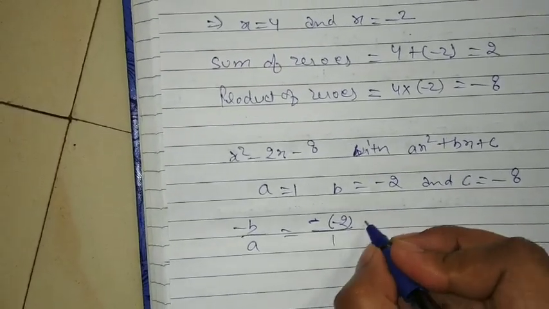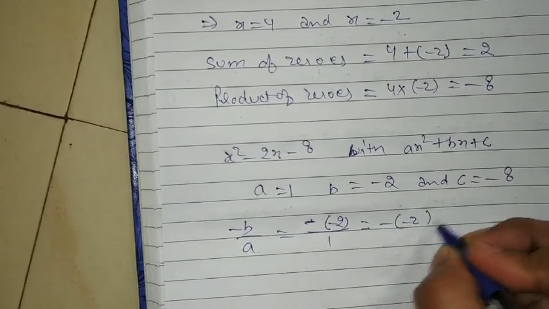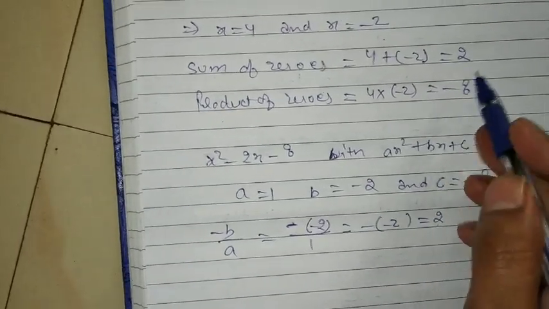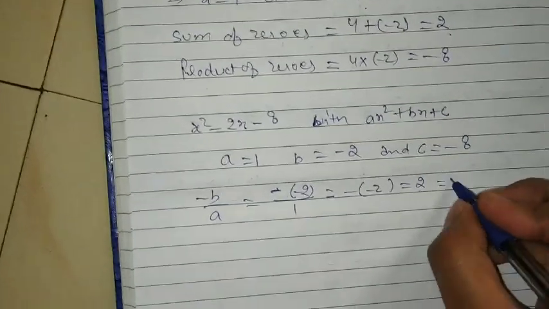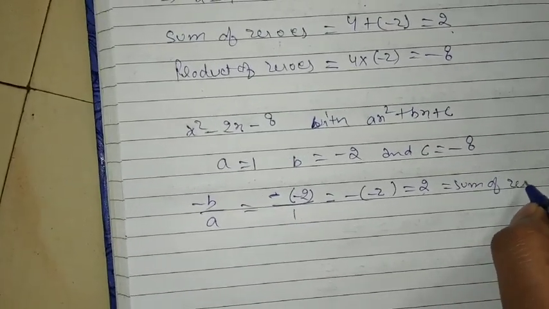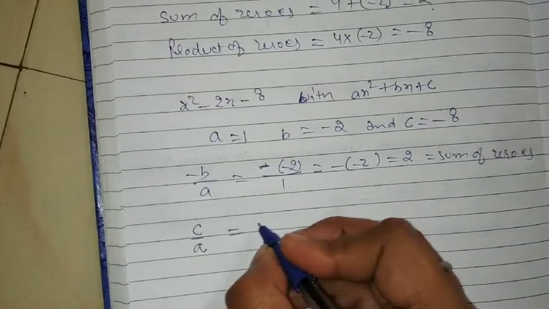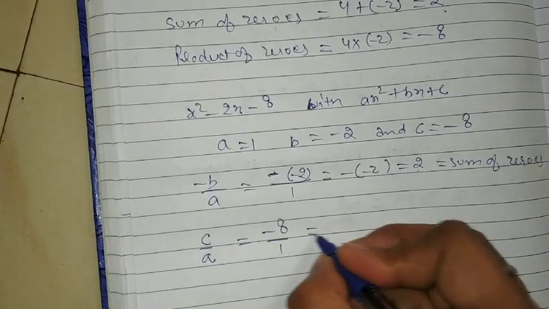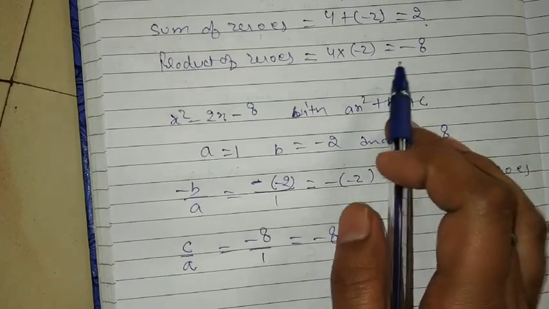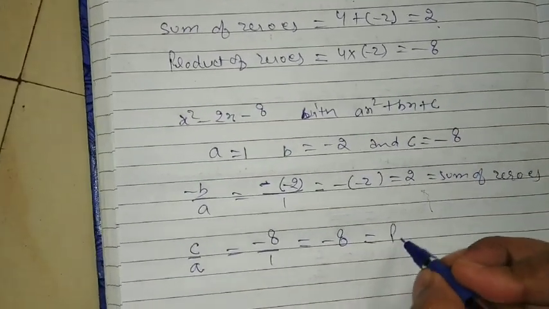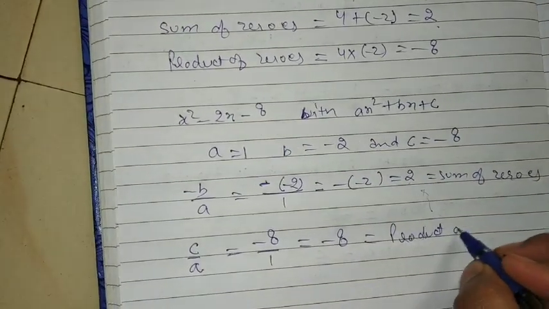A is 1, so that is minus of minus 2, that is 2. Clearly this is equals to what? Sum of zeros. Okay, now what is c by a? It is minus 8 by 1, that is minus 8, which is equals to what? Product of zeros.